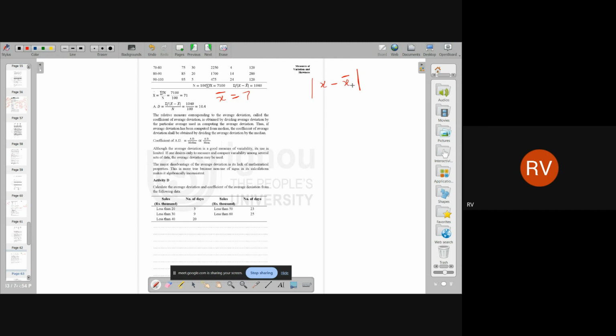Take the difference of x bar and each x, then multiply f into x minus x bar, then divide by total n, that is sigma f modulus x minus x bar by n. That is the average deviation.